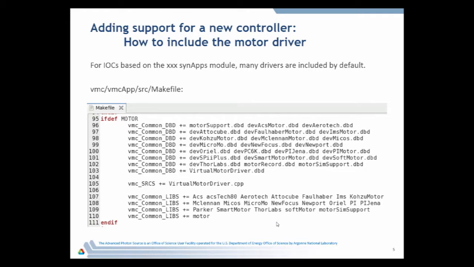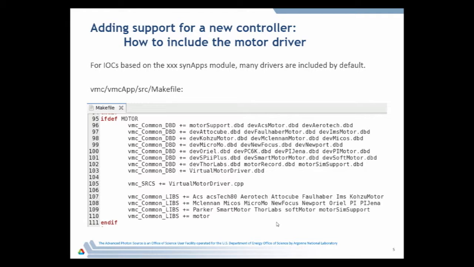And what that means is that if you get a new controller that you've never used before, but it's on this list, if it's made by one of these manufacturers and the driver is on the motor web page, you will very likely be able to add the support to your IOC without having to rebuild anything, which is very convenient and one of the reasons why we recommend people use XXX as a starting point for their IOCs.